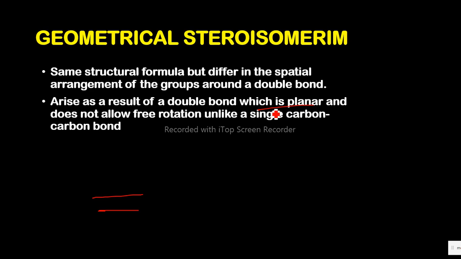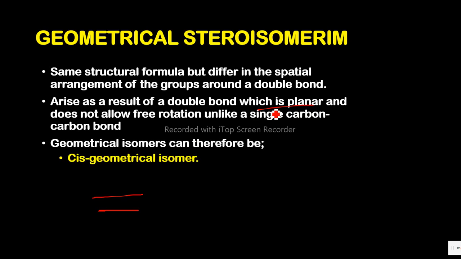As a result, the atoms will be oriented differently in space across the double bond, and because of this we get two types of isomerism. The first one is cis geometric isomerism.